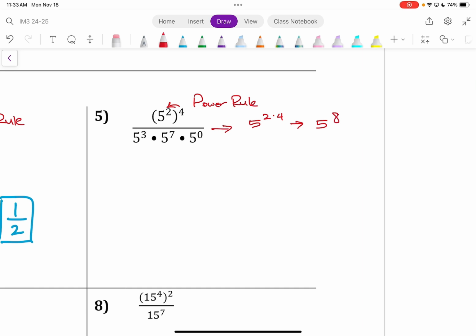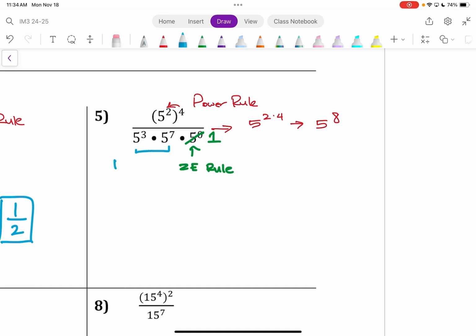That is your numerator. Now let's focus on the denominator. 5 to the 0. This is the zero exponent. ZE rule, zero exponent rule, tells you what? Anything raised to the 0 power is equal to 1. So this becomes a 1. Now, we also have 5 to the third and 5 to the 4th.